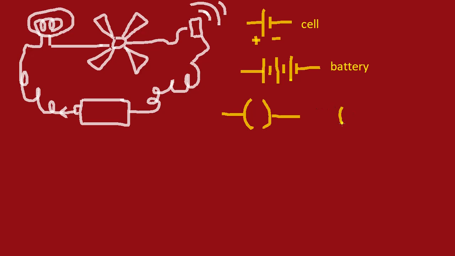On the other hand, if it is closed, we show it with such a symbol. This is a closed plug, and a closed plug will allow current to flow through it. So we'll write it down over here: this is an open plug, and this one is a closed plug.